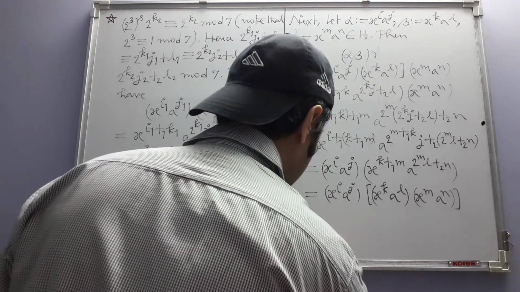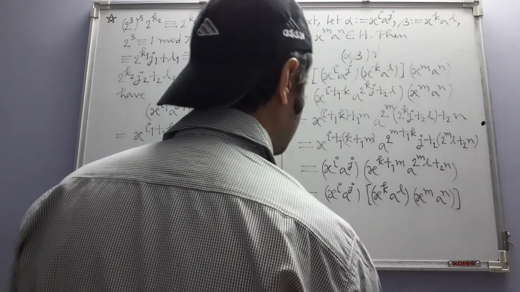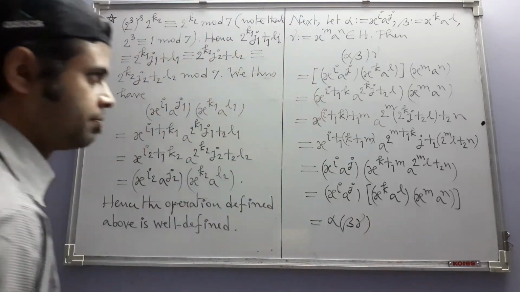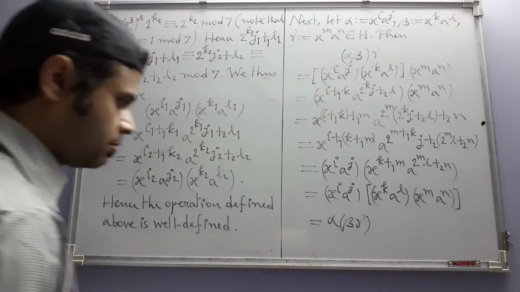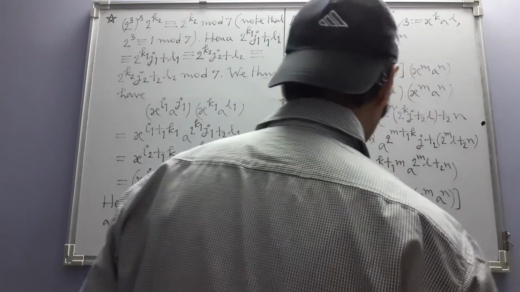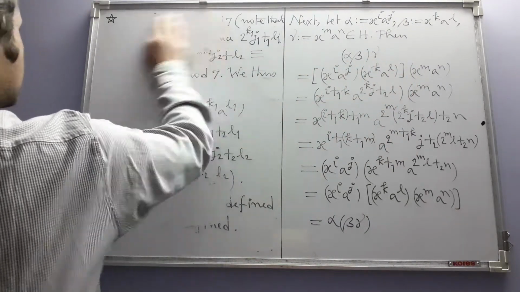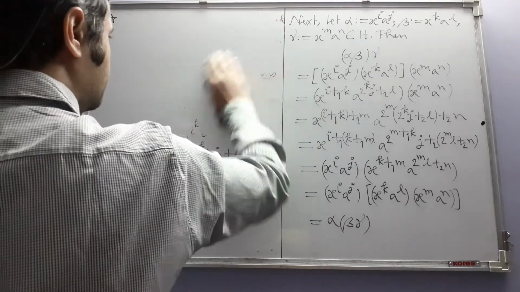So this is alpha times beta gamma. Okay, but what is the justification of these steps? Are they really true?